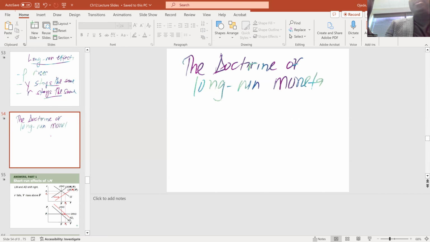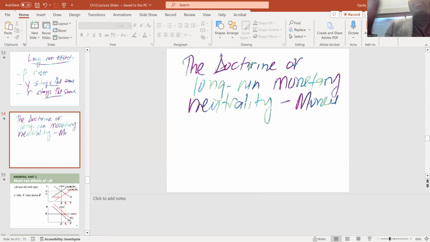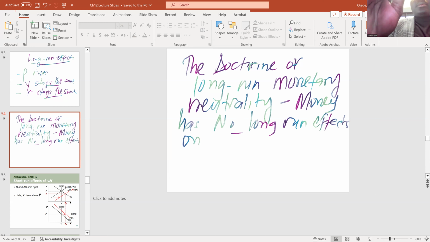Monetary neutrality, which says that money has no long-run effects on real variables.